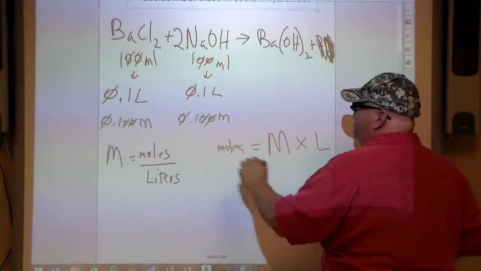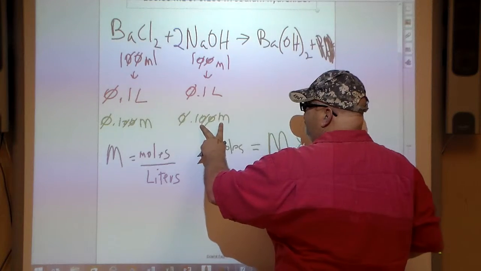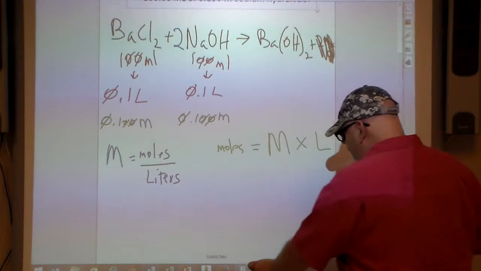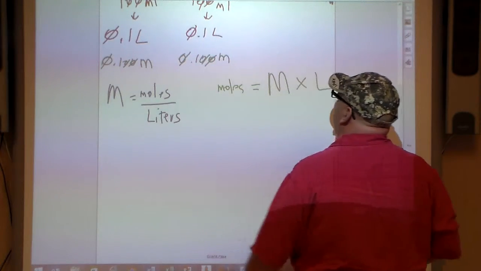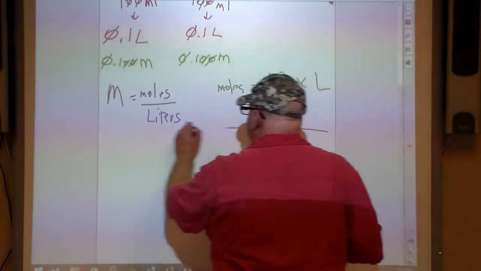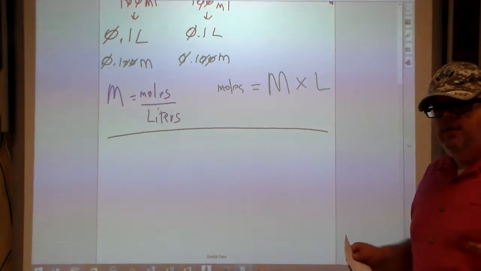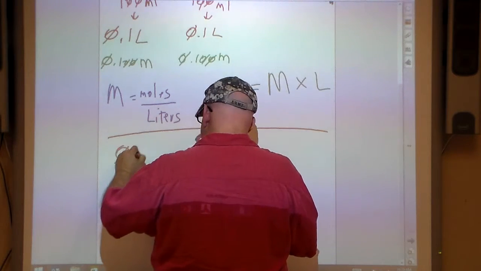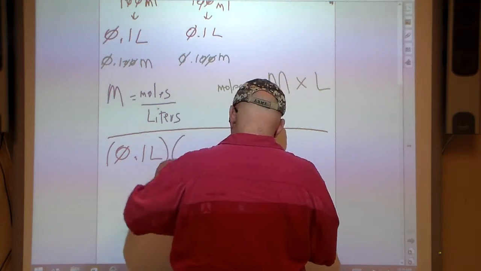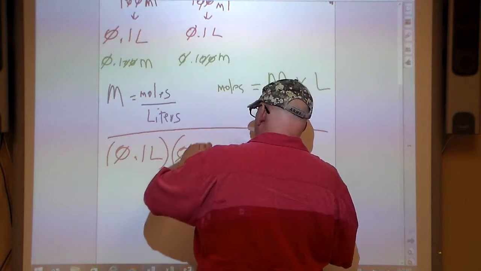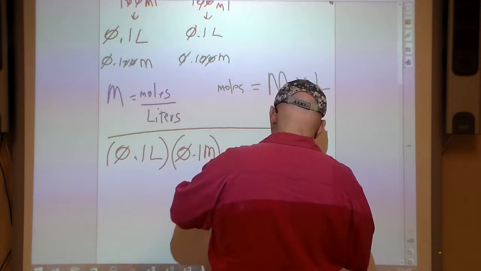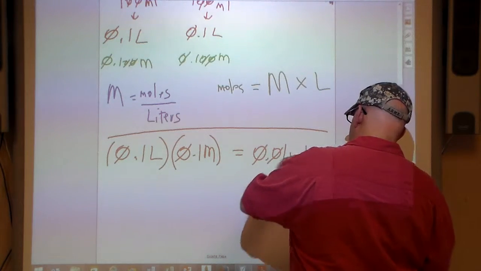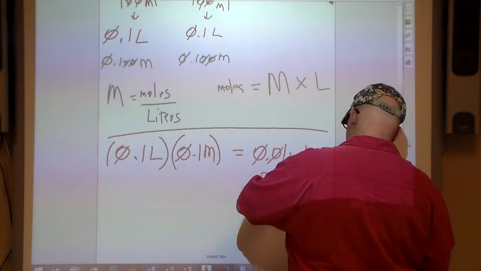We have our molarity and we have our liters, so we can figure out the moles of barium chloride and the moles of NaOH. For barium chloride, 0.1 liter multiplied by 0.1 molar gives us 0.01 moles of barium chloride.